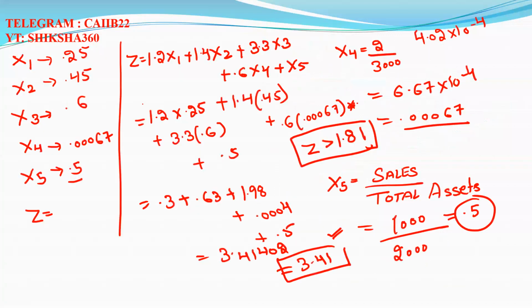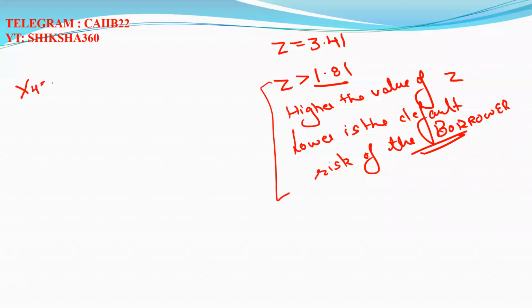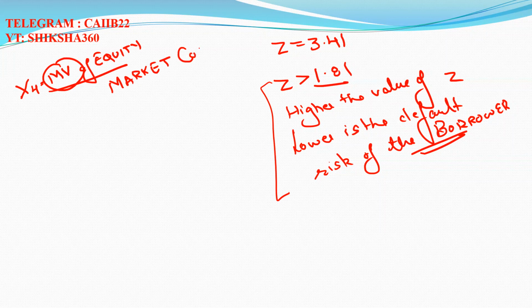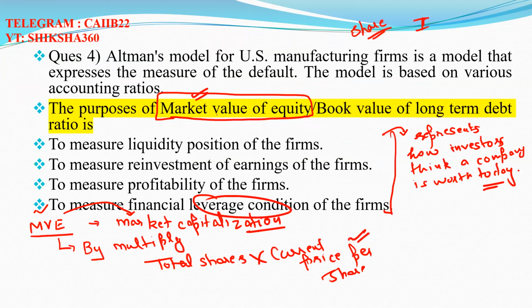I have already told you, X4 is the market value of equity, that is, market capitalization. So how can we calculate market capitalization, or the market value of the company? It is the total shares present of that company in the market multiplied by the current price of that share.